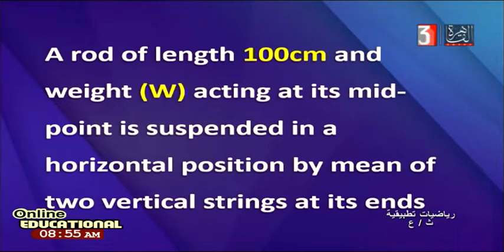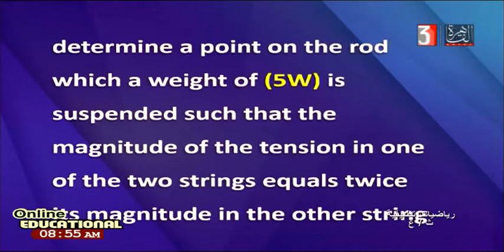Now we translate to another one. A rod of length 100 centimeter and its weight W acting at its midpoint is suspended in horizontal position by means of two vertical strings at its ends. Determine a point on the rod at which a weight of 5W is suspended such that the magnitude of the tension in one of the two strings equals twice its magnitude in the other string.